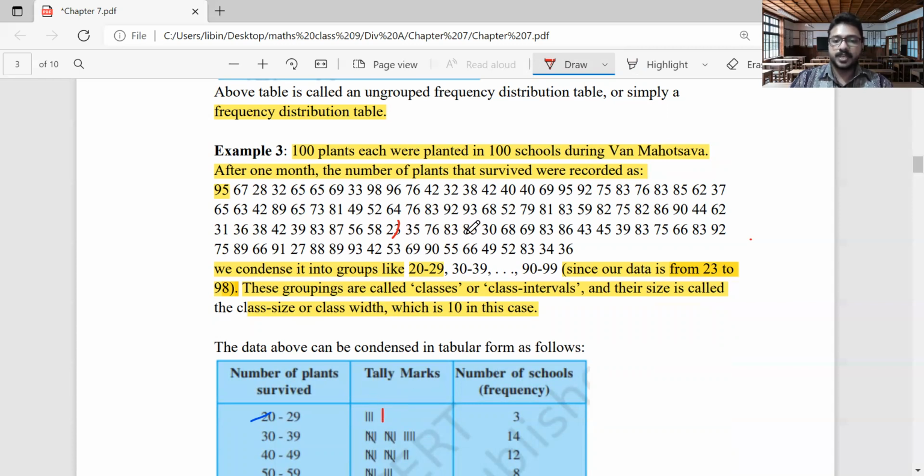Then again we are moving, and as we move on, we can see that we have missed some numbers. So again we have to go through it. Here we have missed 28 also.